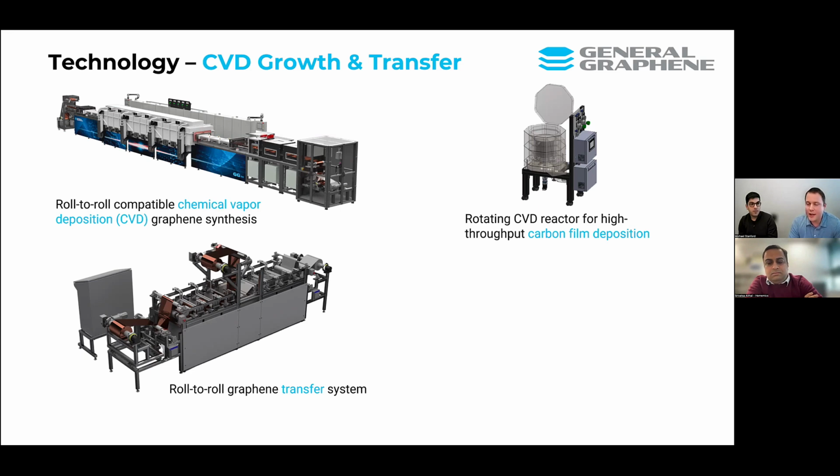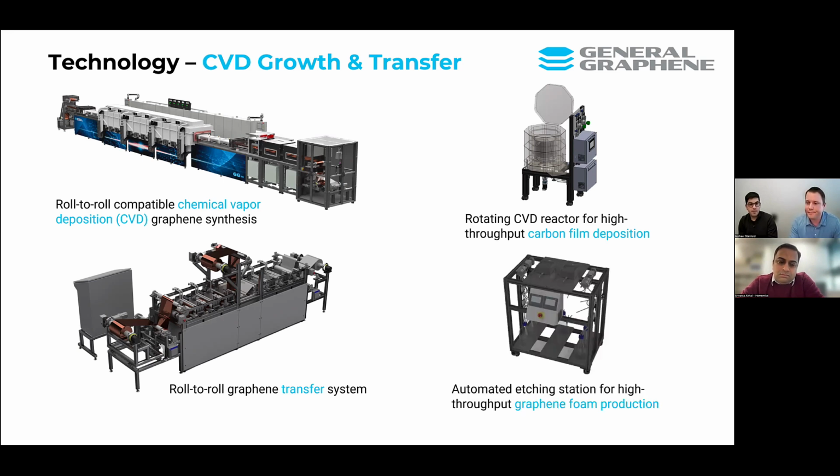This is something that we use for coating more complex three-dimensional objects. And typically, we're not using this as much for graphene as for pyrolytic carbon films, which we'll touch on a little bit more later in this presentation. And then we've also designed some equipment like automated etching systems that we use for production of our graphene foam product, which Siddhant will touch on here in a bit.